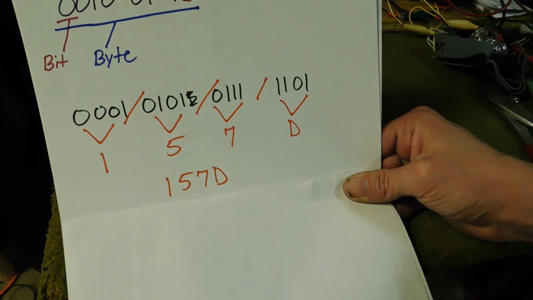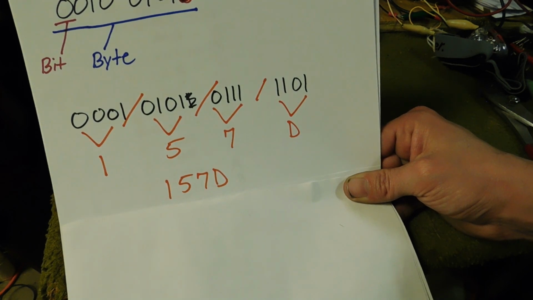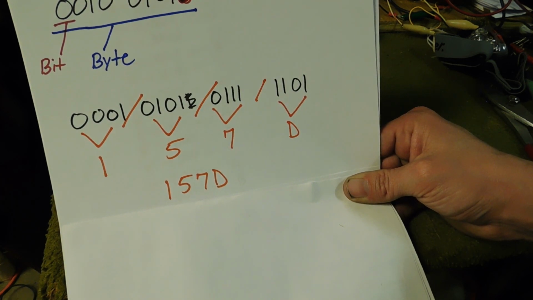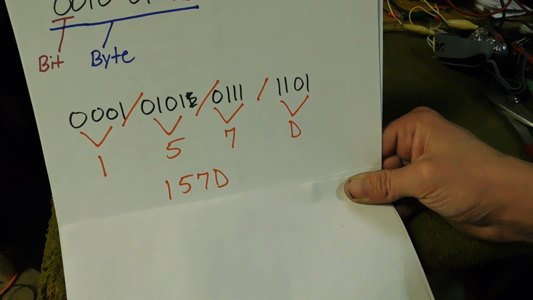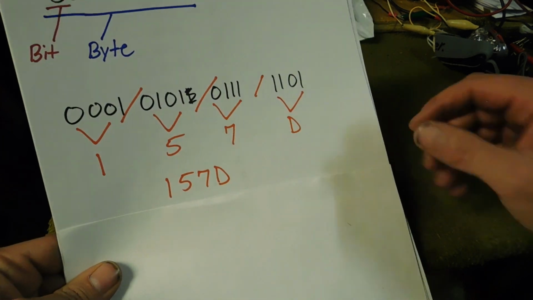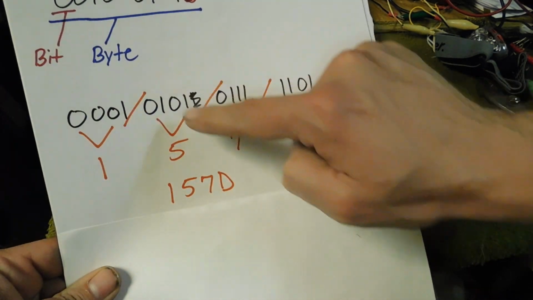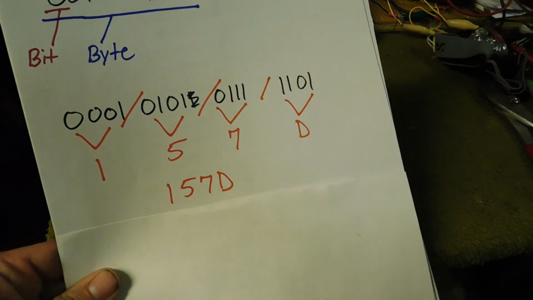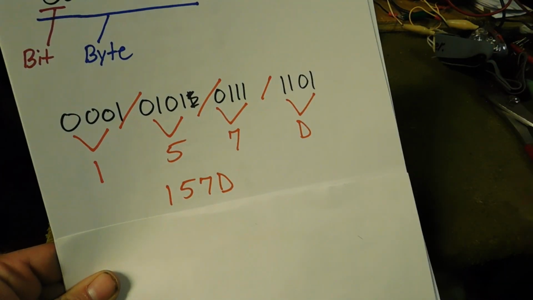So when you have a string of binary, like you can see right here, 0001, 0101, 0111, 1101, that is obviously our binary code, but when we want to convert that to hexadecimal, we need to split this up into 4s, because hexadecimal is only talking about 4 bits of data at a time.